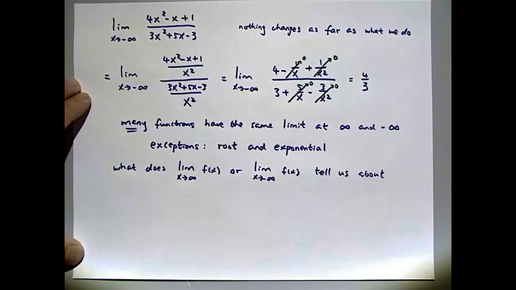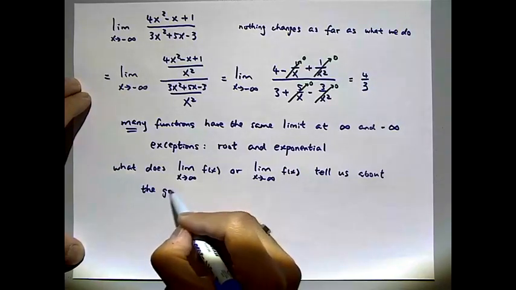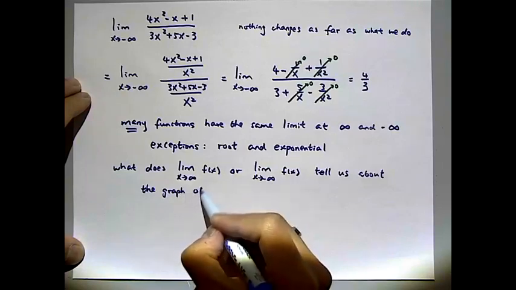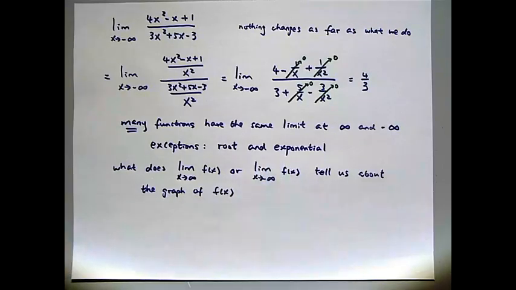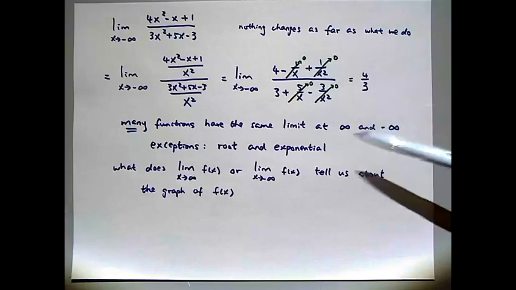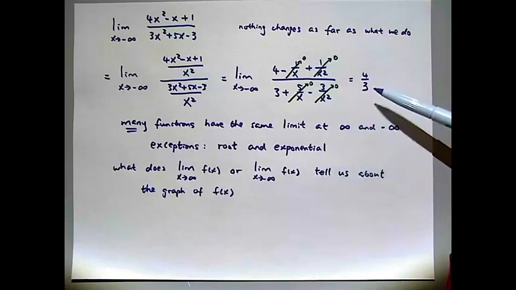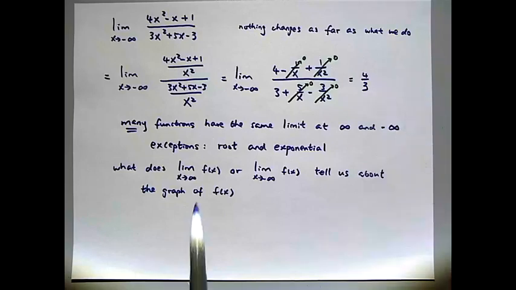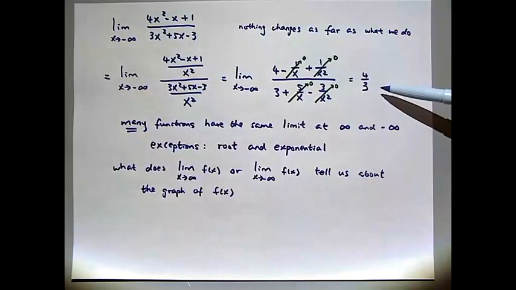Okay, so let's think about what these things tell us about the graph. This is saying that if I push x to be a very, very large number, I get a certain limit. If I push x to be a very, very small number, I get a certain number. This is saying that the larger you make x, the closer that function approaches this number.